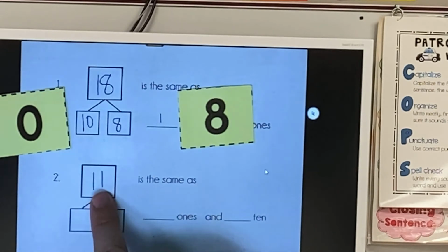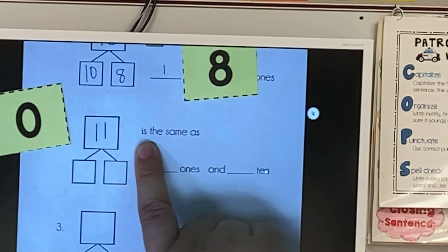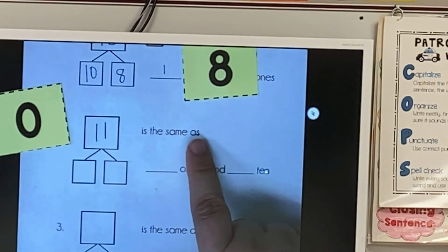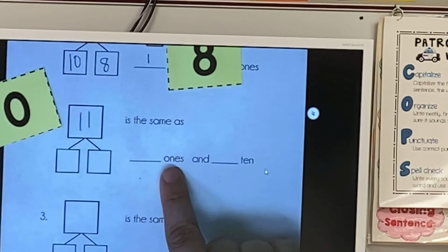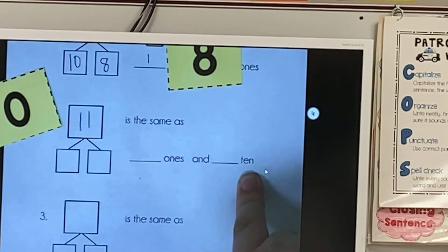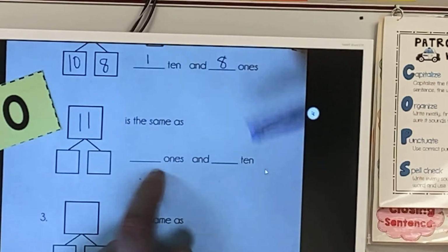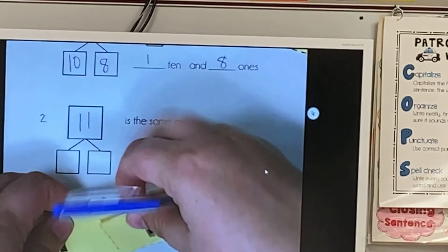So we have 11. Help me read it. Is the same as blank ones and blank ten. So read the words. Remember in the poems in the morning I say you have to read the words that are there. Blank ones and blank ten. So let's make 11.